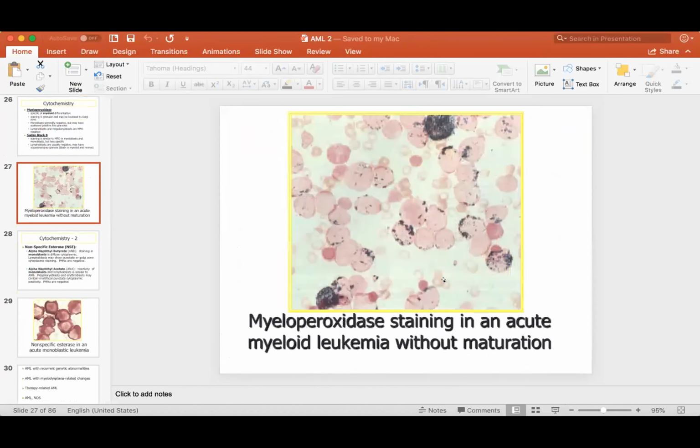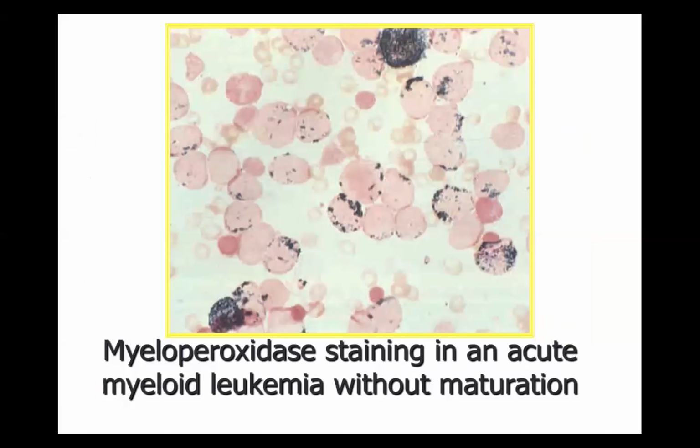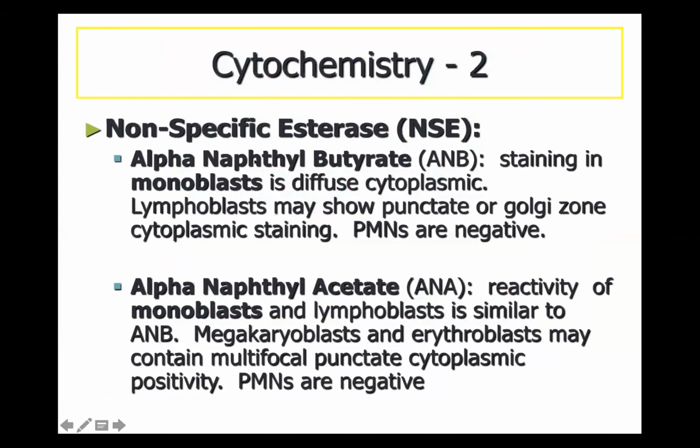All right, so I'm going to continue talking about the cytochemical stains. So myeloperoxidase stains the myelocytes, and you can see it has the black granular stain of the cytoplasm, in this case of acute leukemia. Other cytochemical stains include NSE, or nonspecific esterase.